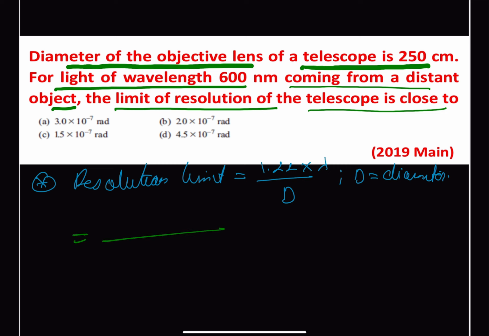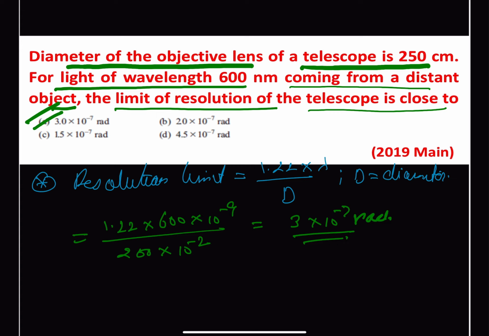We get 1.22, lambda is our 600 nanometer, and diameter is given as 250 centimeters. So solving this gives us 3 into 10 to the power minus 7 radians. So option number A is the correct one.